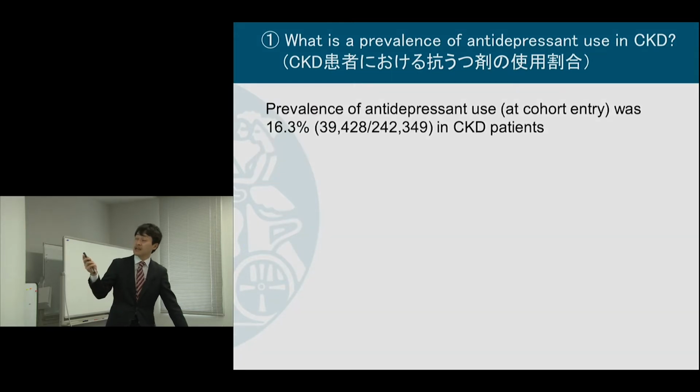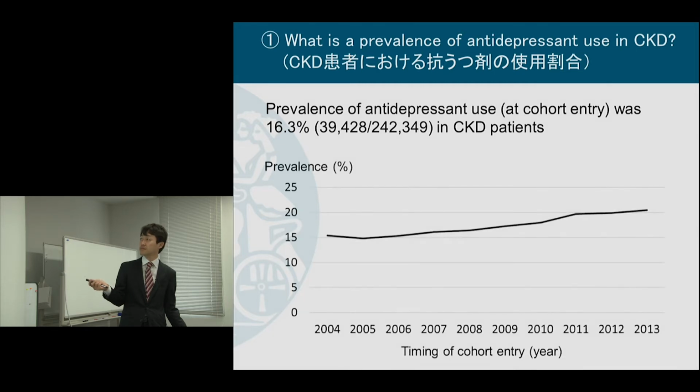As such, I estimated the prevalence of antidepressant use to be 16.3% in CKD patients. If stratified by cohort entry timing, I found that this was gradually increasing. So in 2013, 20%, meaning that among patients with CKD, 1 in 5 patients are on antidepressants at one timing.